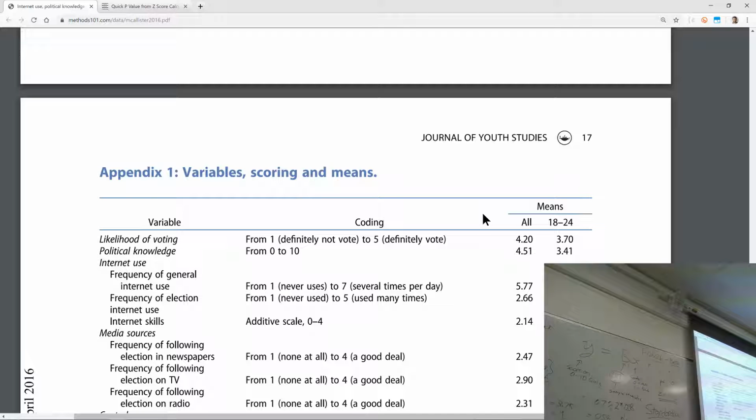Okay, very good. Central limit theorem. Why was that important to you? Okay. And you didn't know that before?